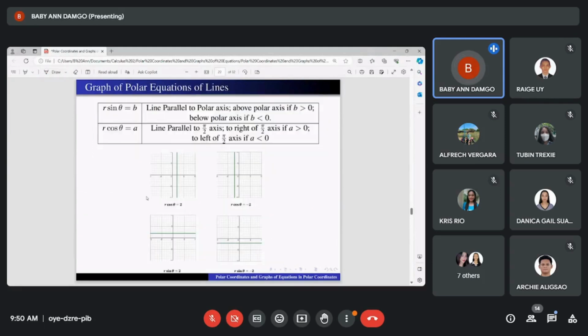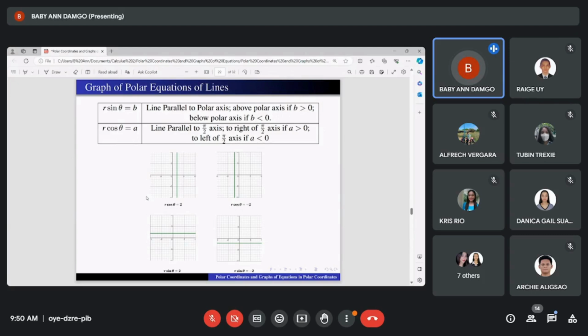So for r sine theta equals b, here is an example below: r sine theta equals 2, and then we have r sine theta is negative 2. So we have r sine theta is equal to a constant, for example a constant b. Okay? So its graph, class, is parallel to the polar axis.